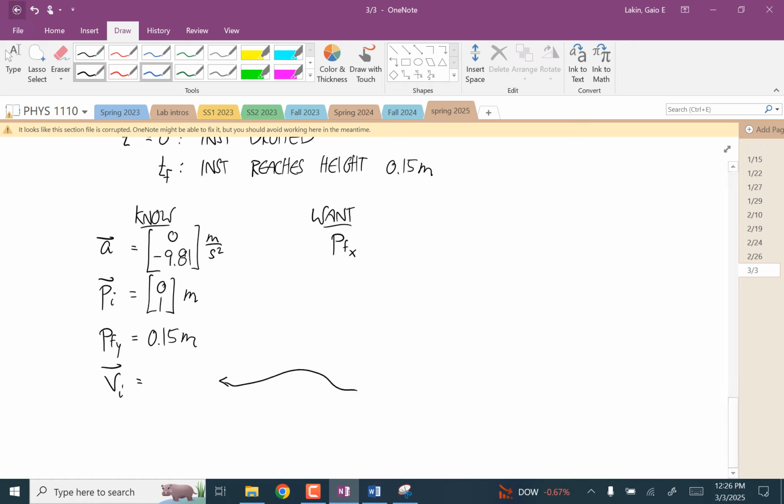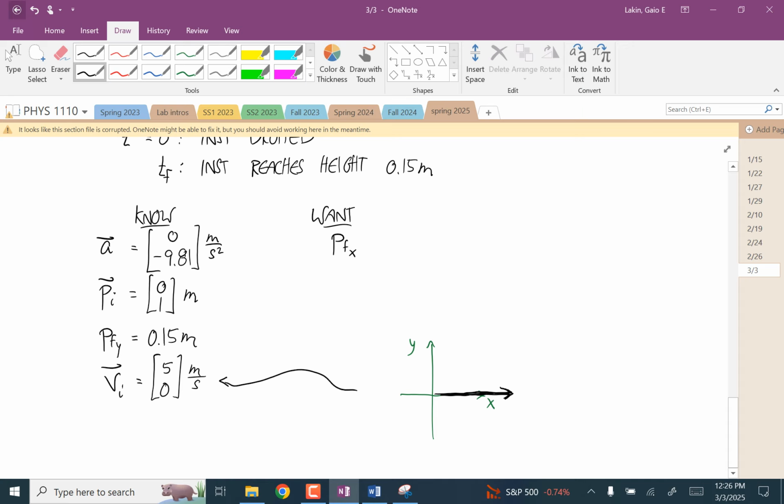So if this is your coordinate system, the skateboard's velocity is like this. The length of that vector is 5, so this is 5, 0. And then we don't know the final velocity.